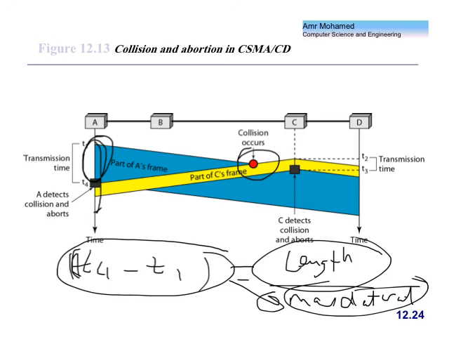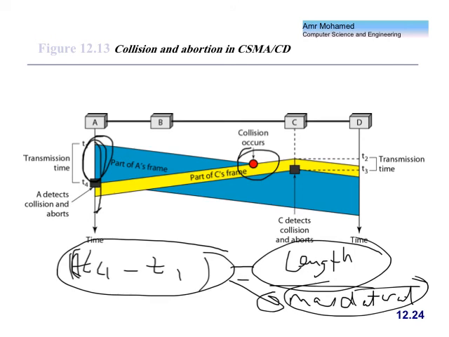Then I measure the span of time multiplied by the maximum data rate. Then I get the shortest length of one frame, and I should use a frame length which is more than that.